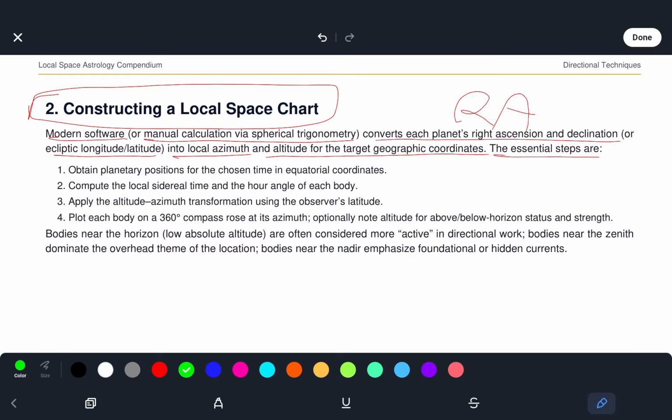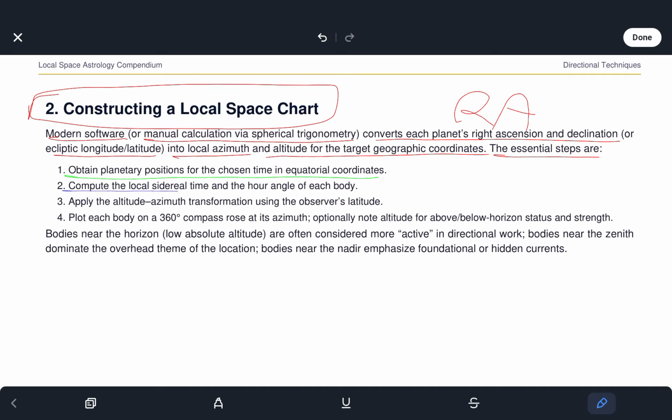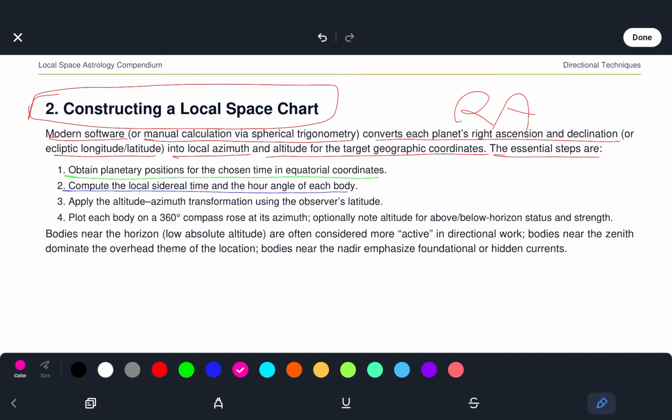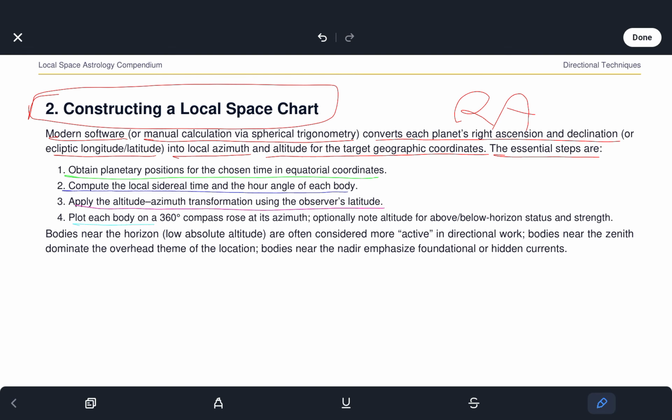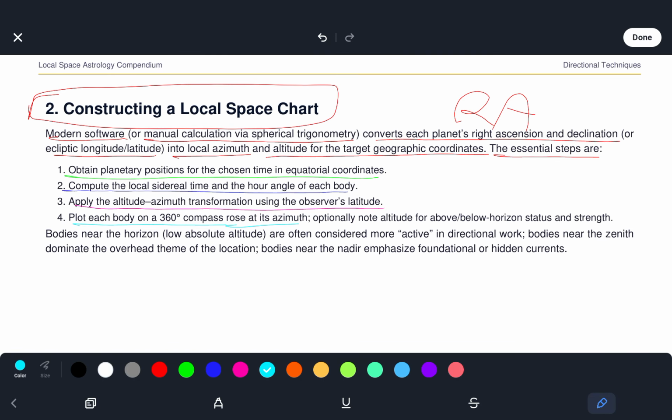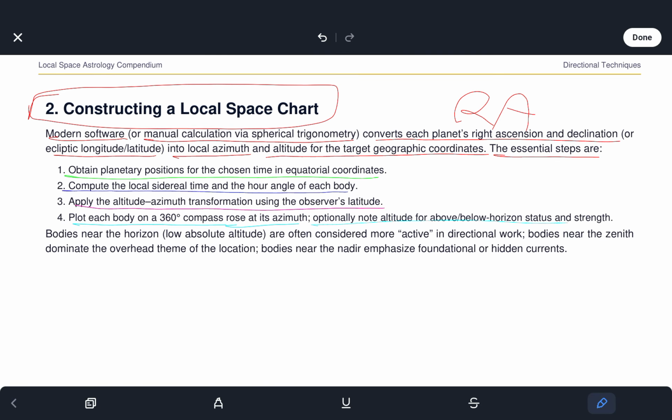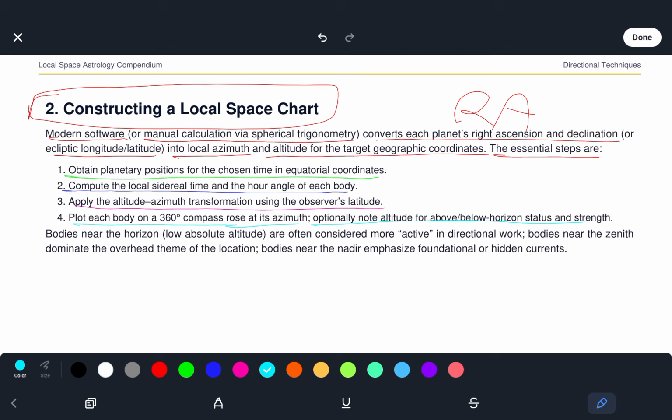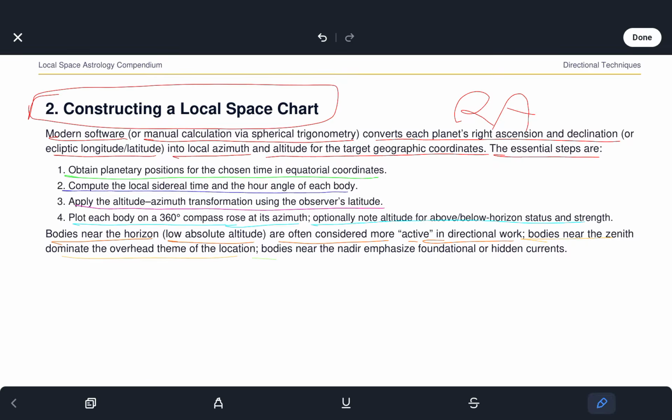The essential steps are to obtain planetary positions for the chosen time and equatorial coordinates, compute the local sidereal time and the hour angle of each body, apply the altitude-azimuth transformation using the observer's latitude, plot each body on a 360-degree compass rose at its azimuth, and optionally note altitude for above or below horizon status and strength. Bodies near the horizon, low absolute altitude, are often considered more active in directional work, and bodies near the zenith dominate the overhead theme of a location. Bodies near the nadir emphasize foundational or hidden currents.